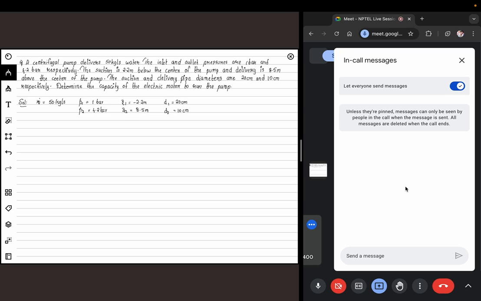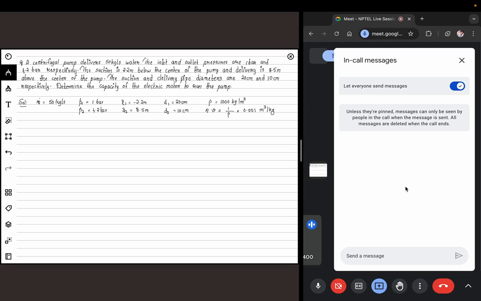and it is known that it is water. So we can take density to be... okay.